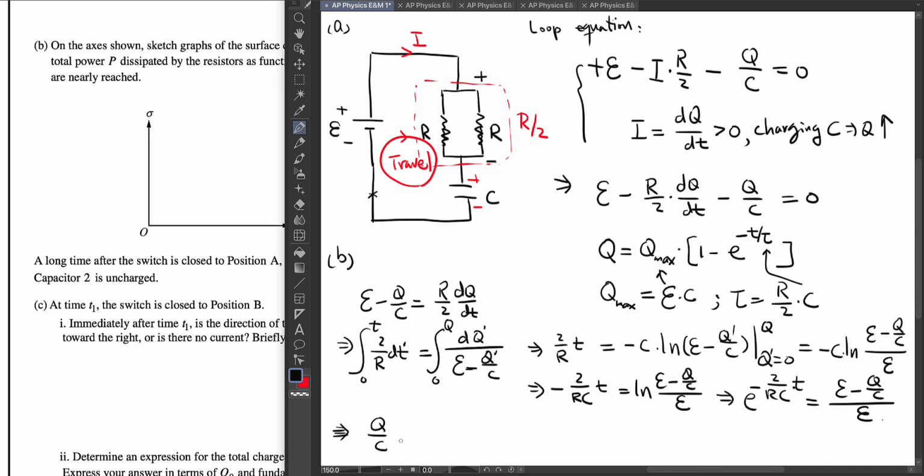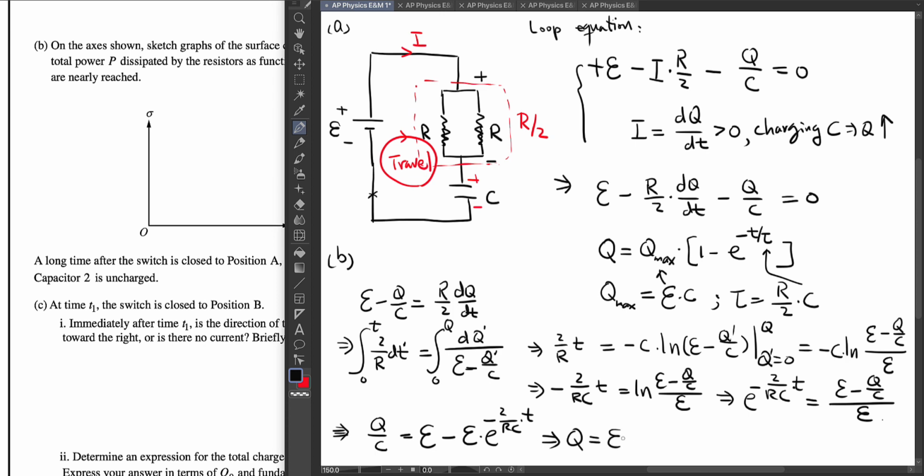Q over C equals EMF minus EMF times E to the negative 2 over RC times T, and that gives us Q equals EMF is a common factor.